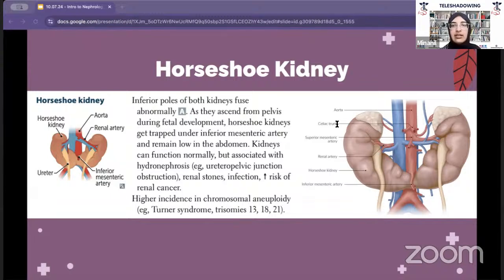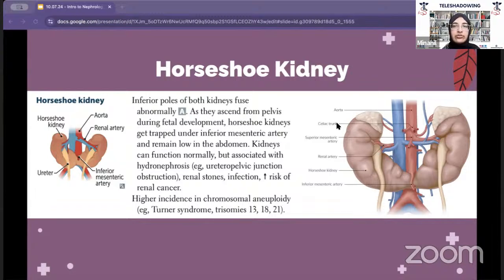It's a very major blood vessel. It supplies blood to the intestines and lies right in the path where the kidneys need to go. And since the fused kidneys can't fully ascend past that point, they end up remaining lower in the abdomen than usual. And this location impacts the kidneys in a few ways.